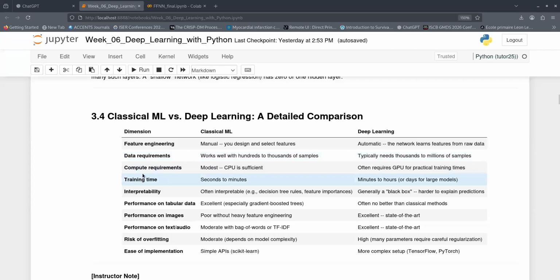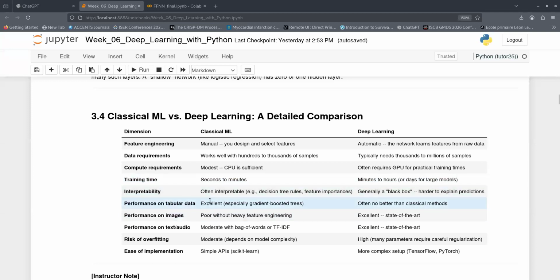And for the compute requirements, classical just needs a modest CPU, but deep learning requires a GPU for practical training times. In terms of training time, classical takes seconds to minutes, but deep learning can take minutes to hours or days for large models.